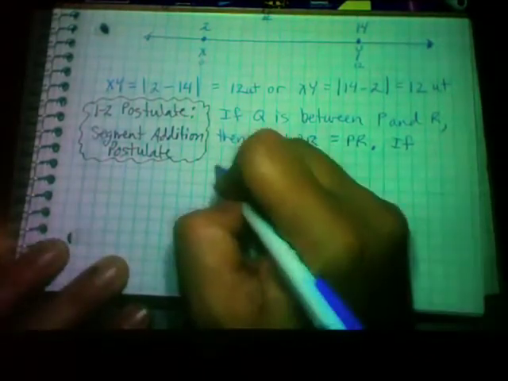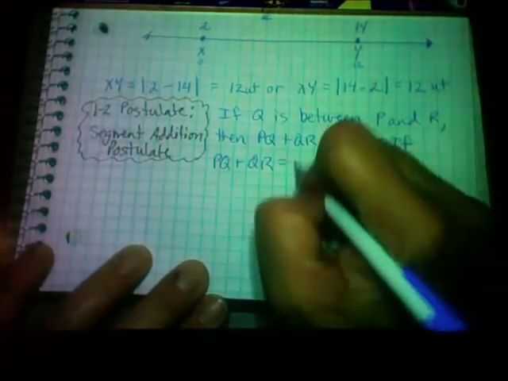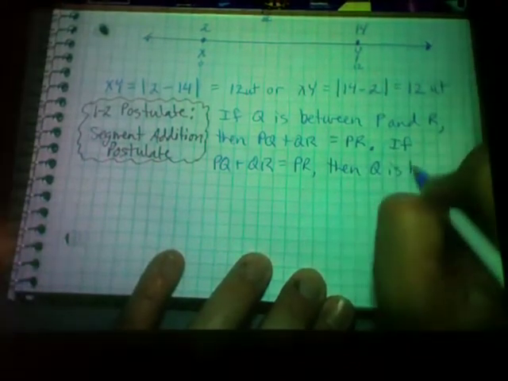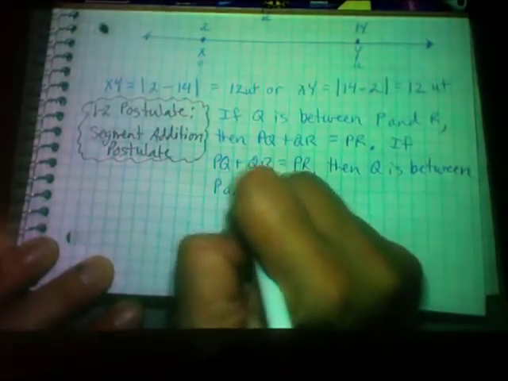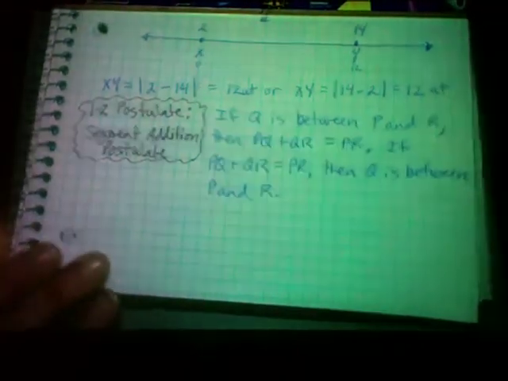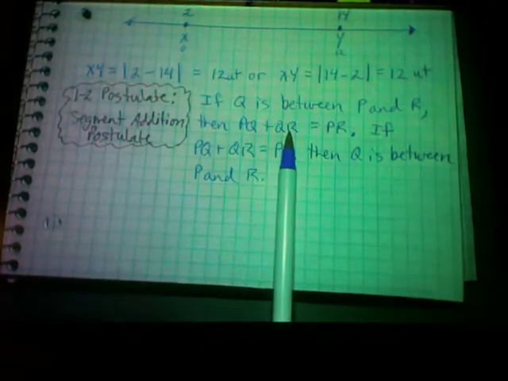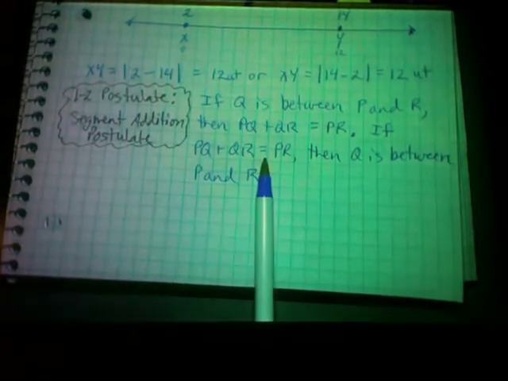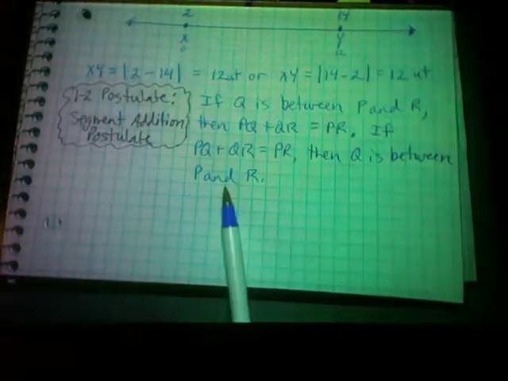If PQ plus QR is equal to PR, then we can conclude that Q is between P and R. So if you're told that Q is between two letters, then you can conclude that the sum of those two segments is equal to the bigger segment. Or if you're told that the two smaller segments equal the bigger segment, then you can conclude that this Q that's doubled here must be in between those two.